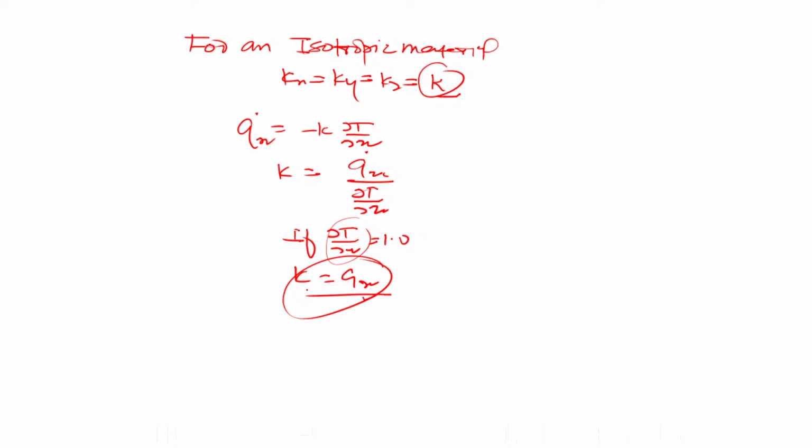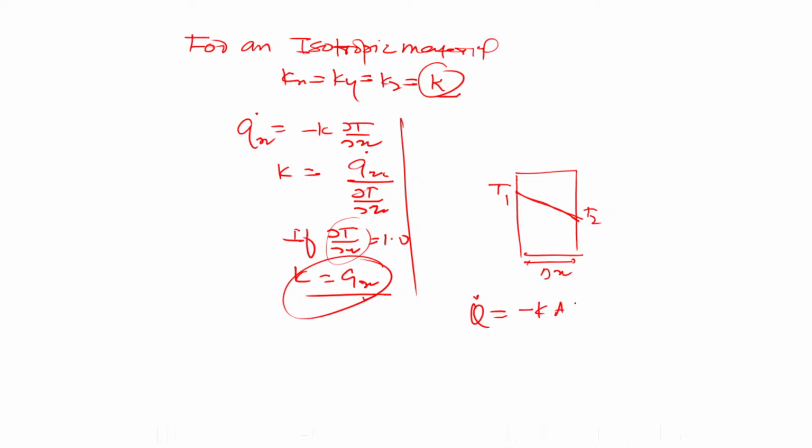If you want to go again, suppose in the simple case, one dimensional steady state plane wall. Here is T1, here is T2, here the thickness is delta x. Okay. Then in this case q dot we have defined as minus kA into delta T upon delta x. Will you remember?